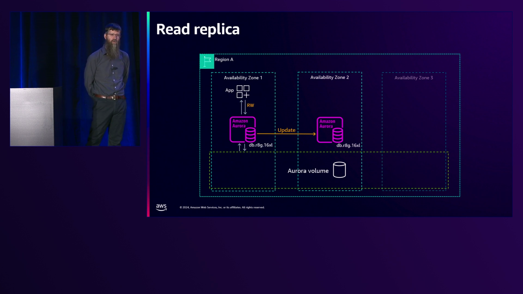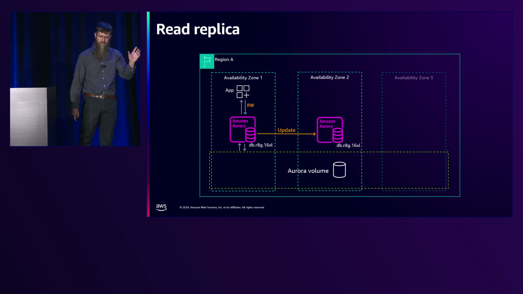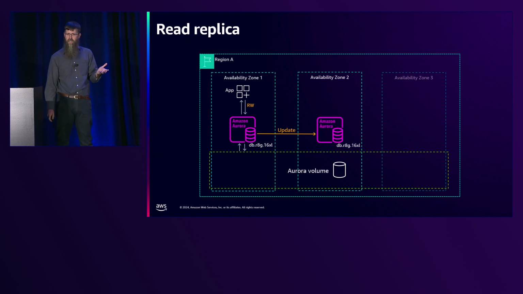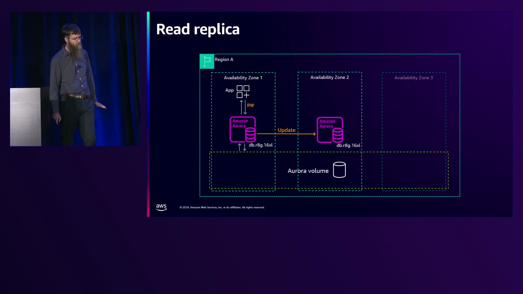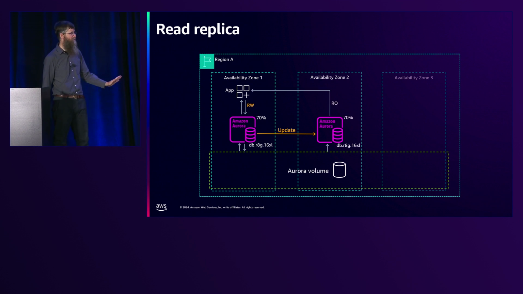It's also able to handle read-only queries if you ask it to, okay? Like I said, the writer is keeping the replica up to date with any new transactions within a few milliseconds normally, so there's a little bit of lag that you'll have to deal with if you're trying to do read-only transactions there. But otherwise, it's completely hands-off for you.